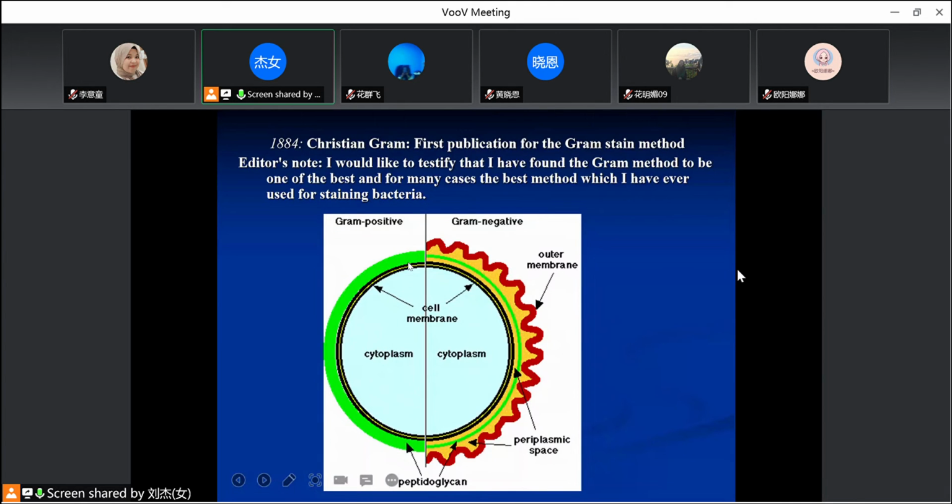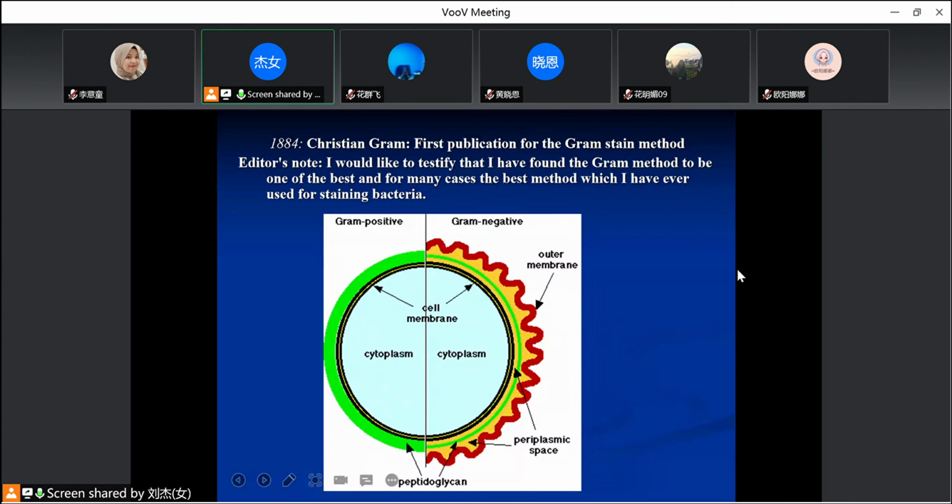For gram-positive, the cell wall contains peptidoglycan. This green part is peptidoglycan, and it's really thick. For the gram-negative, the peptidoglycan, the green part, is really thin and slim, just like a piece of paper. And outside the peptidoglycan, it has an outer membrane. The red one is the outer membrane.